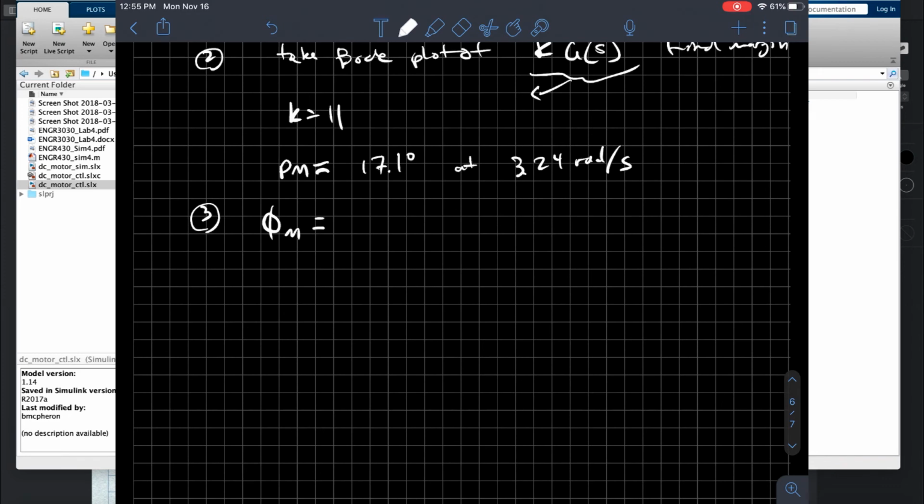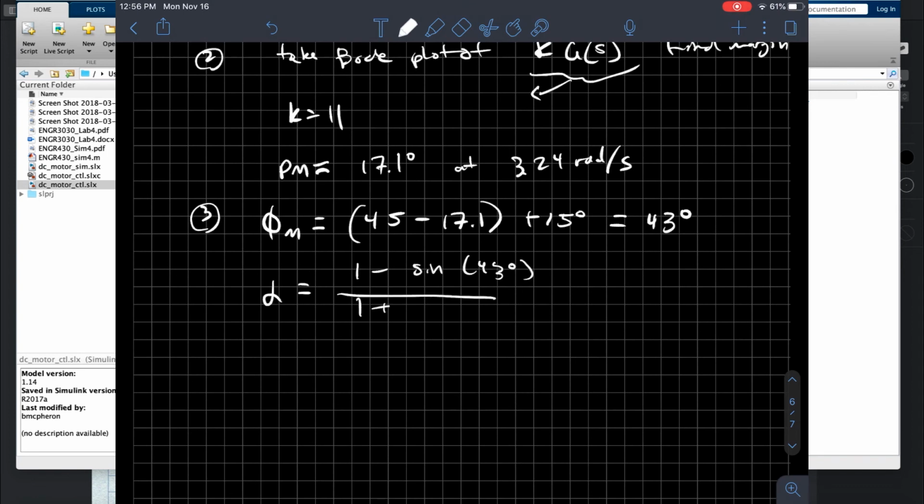Phi m is the additional phase needed, so 45 minus 17.1 plus 15 degrees. So that's going to equal roughly 43 degrees. And then I calculate alpha. Alpha is 1 minus the sine of 43 degrees over 1 plus the sine of 43 degrees.